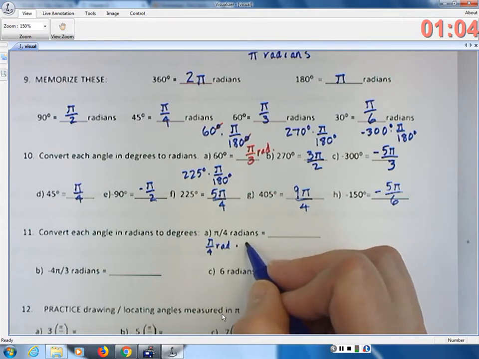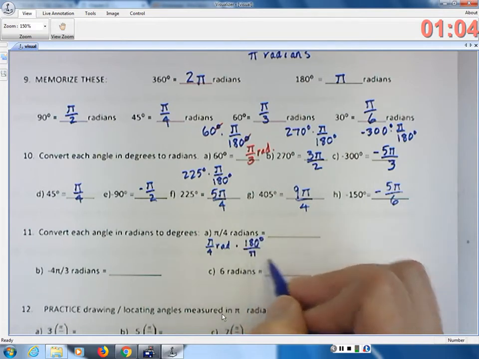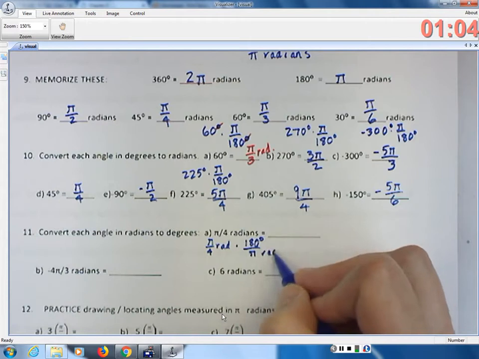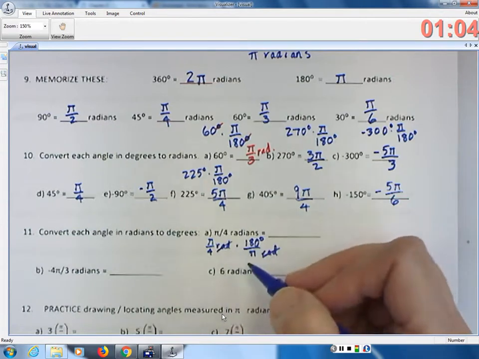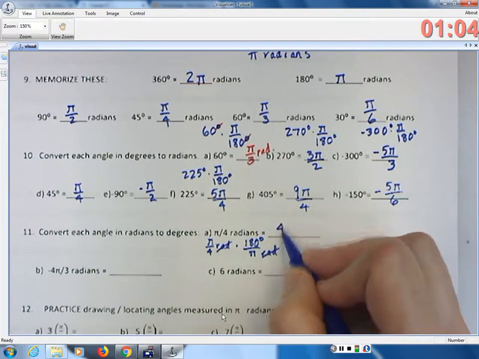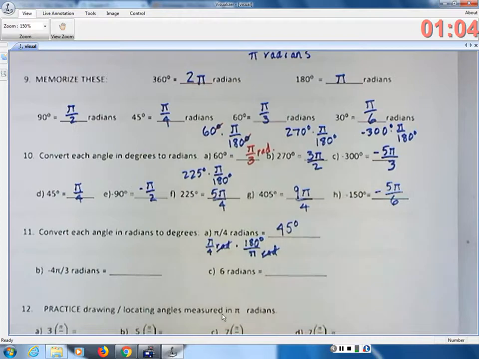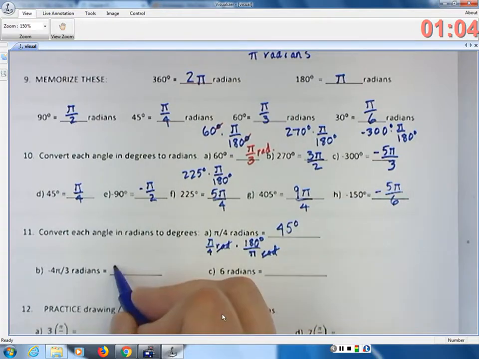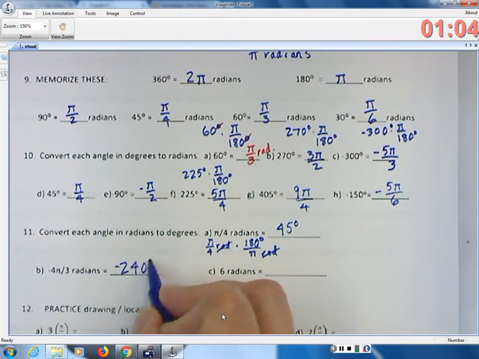You have to put degrees. So there's 180 degrees in 1 pi. Those cancel. When you simplify that, you get 45 degrees. You do the same thing with these, you get minus 240.